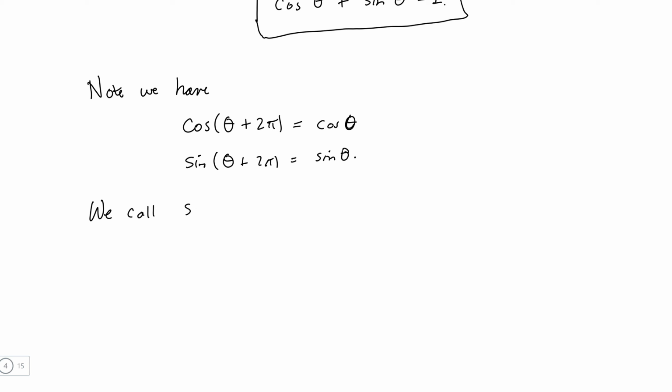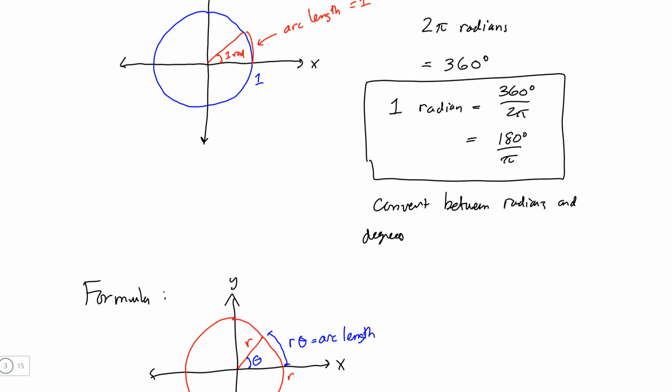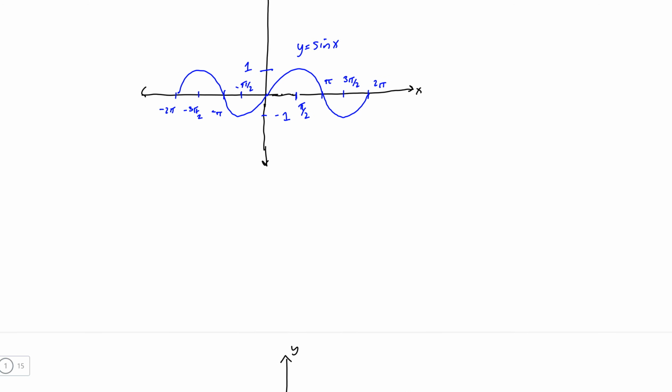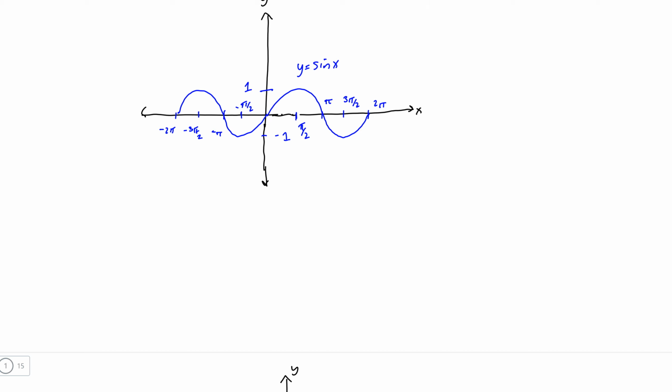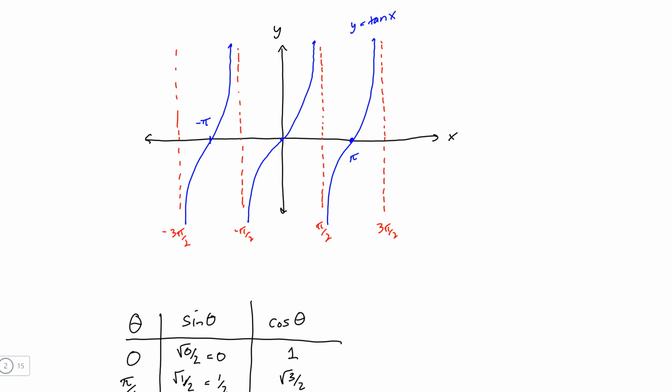So we call sine and cosine periodic, and the period here is 2 pi, because that's how far we have to go to get back to where we started. If we look way back up at the graphs above, notice if I start here at 0, once I get to 2 pi, I've gone all the way through and I'm going to start the same graph over again. Same thing with cosine.